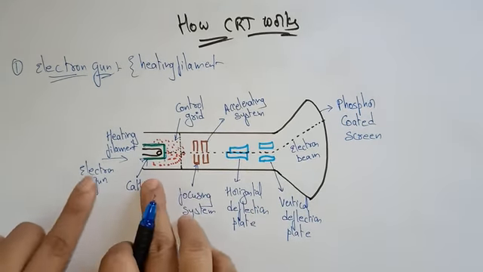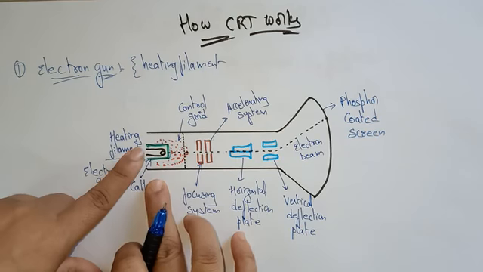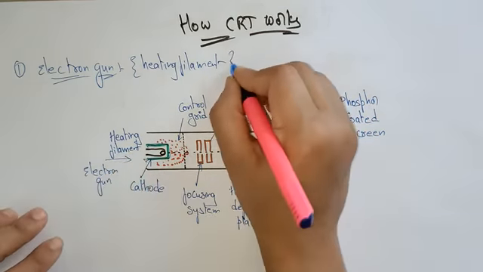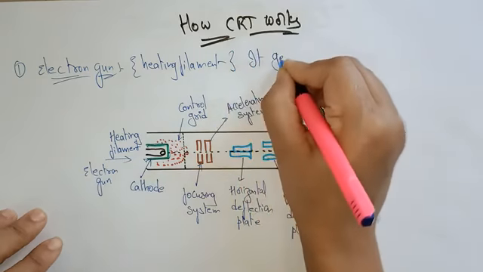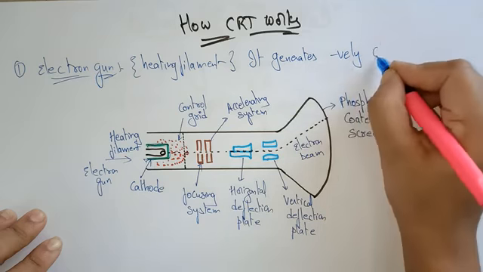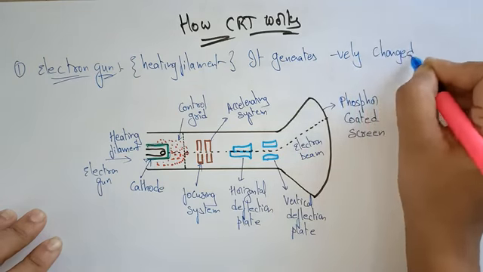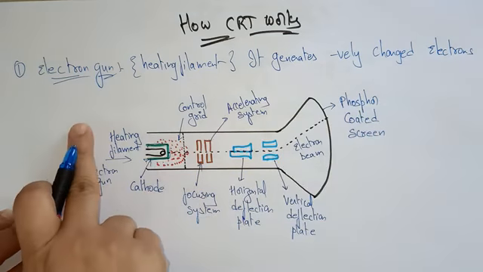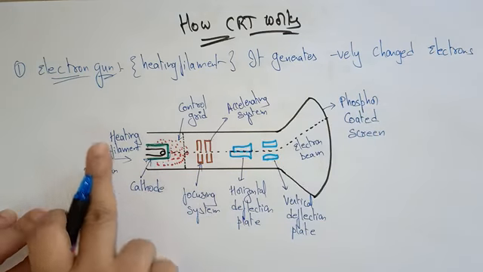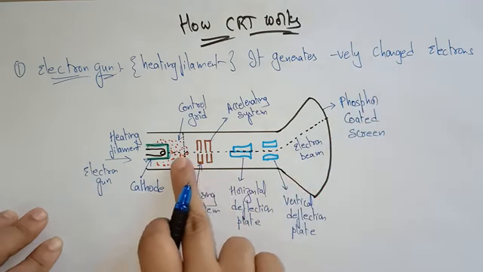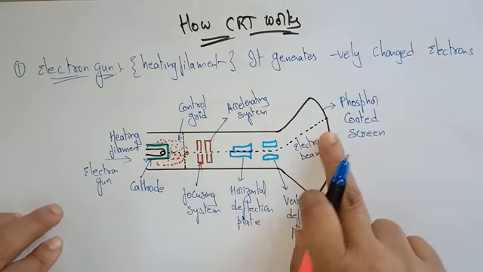So what exactly is this electron gun doing? It generates negatively charged electrons, which are accelerated towards the phosphorus screen.